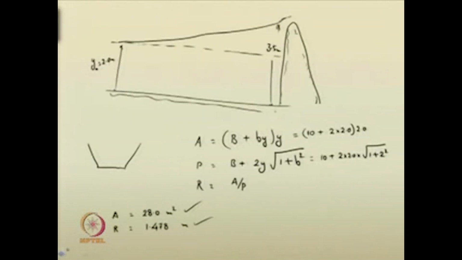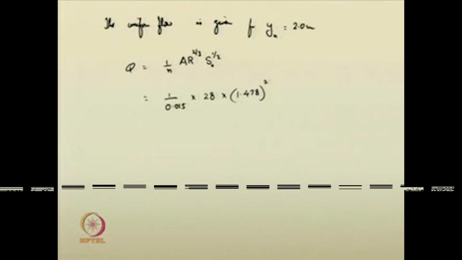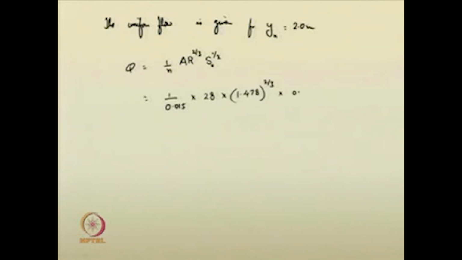Substitute them here, 1 by 0.015 into 28 into 1.478 to the power of 2 by 3 into 0.0005 to the power of half. This is coming out to be 54.16 meter cube per second. So, this is the normal discharge.